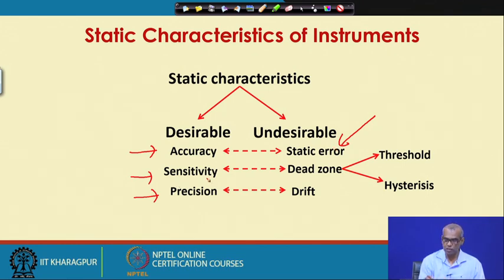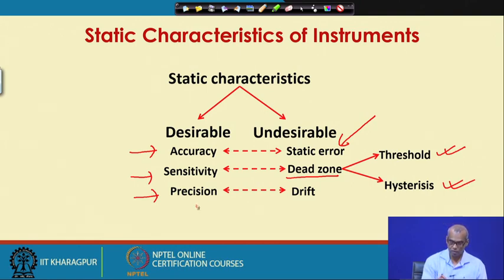Similarly, corresponding to sensitivity, there is an undesirable static characteristic known as dead zone. So, if there is dead zone present in an instrument, the sensitivity of the instrument will be low. Dead zone can be divided into two groups, threshold and hysteresis.